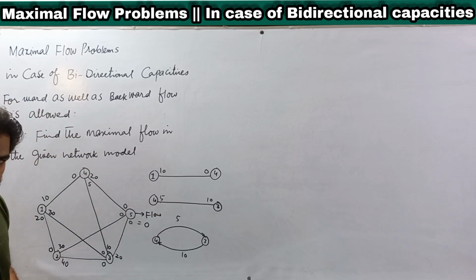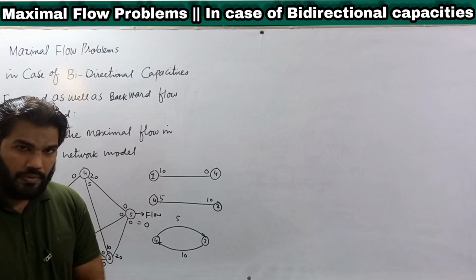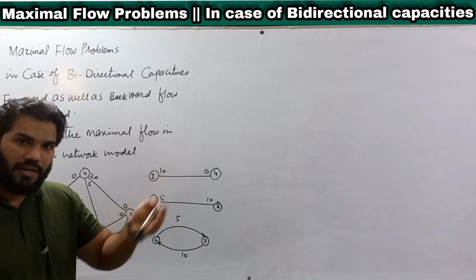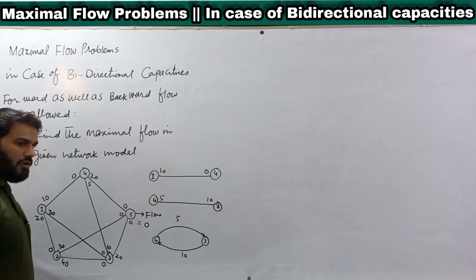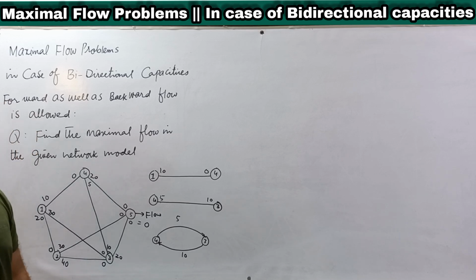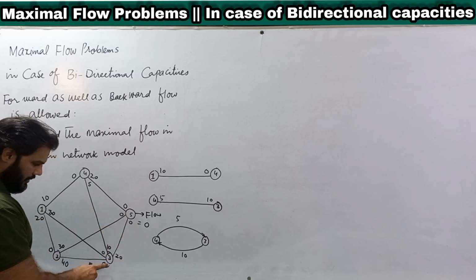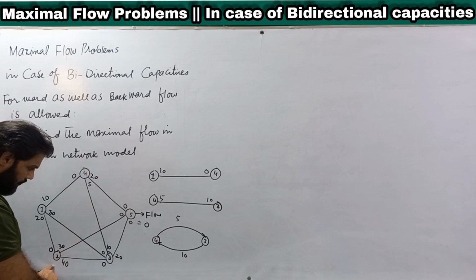A node is called a sink node if it has only incoming flow, no outgoing flow, that is, only inward edges, no outward edges. So in the figure there is only one node which has only incoming flow or inward edges, that is node 5. Because node 5 is attached here with node 3, node 4 and node 2.